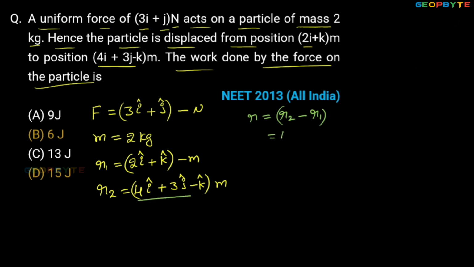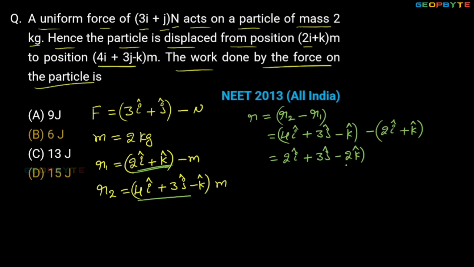This is the r2, 4i cap plus 3j cap minus k cap, minus r1, 2i cap plus k cap. Simplify this part. It is 4 minus 2, 2i cap plus 3j cap minus 2k cap. That is the net change in position.